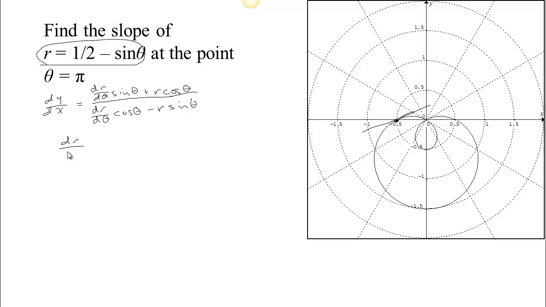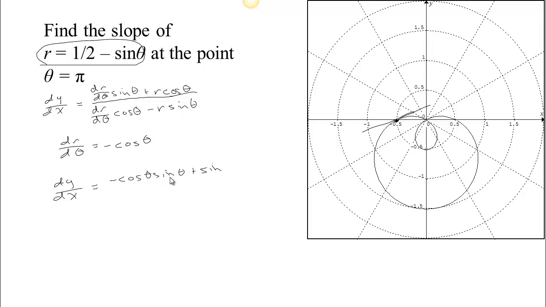Now in our case, dr d theta would be the derivative of this. The derivative of negative sine is negative cosine theta. So at any point, dy dx is going to be equal to minus cosine theta sine theta plus r. Let's see, what are we getting here?